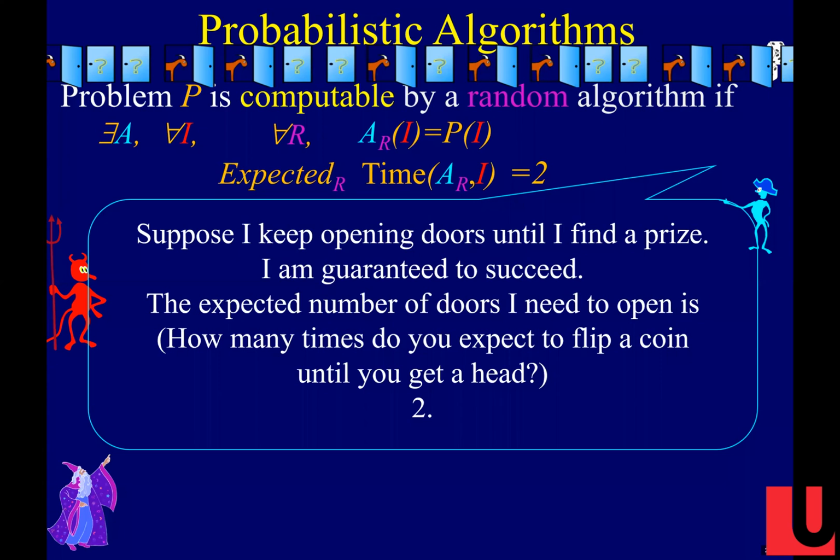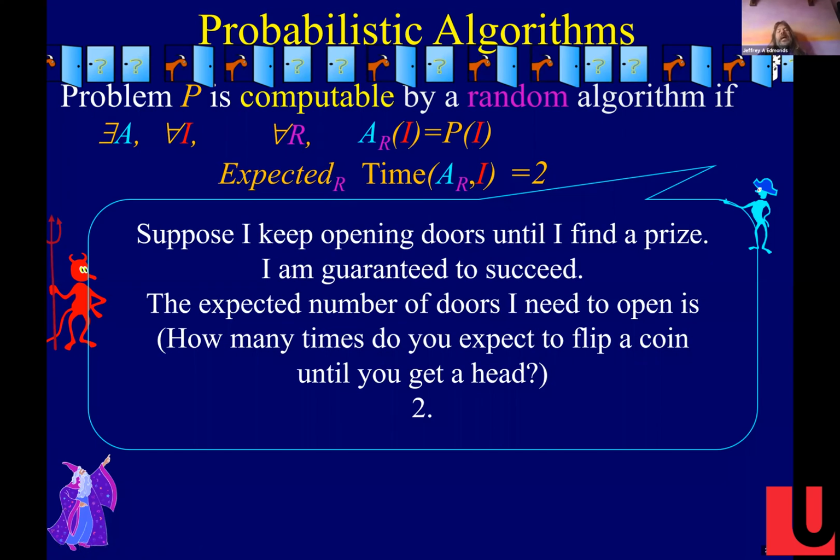Professor, what is the output of this A sub R of I? Oh, the output of this program is, did I find a prize or not? Oh, okay. Right. So the problem P is, I don't care what the input is. What we want to do is find a prize.